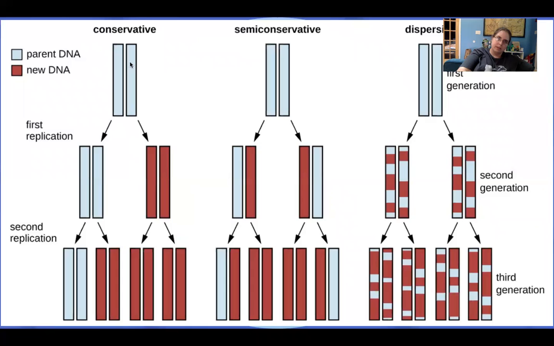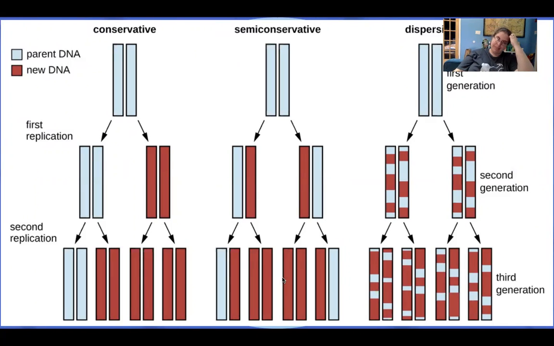So here, they separate, they're used to create the daughter strands, then they come back together, and there are the daughter strands, and so on. Semi-conservative: the parent strands separate, they're used as a template, and they stay with the daughter strand that they help make, and so on and so on.